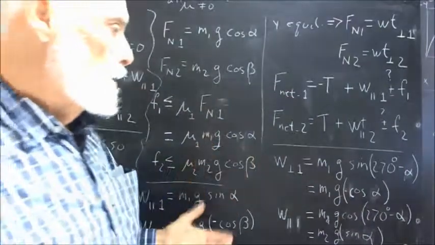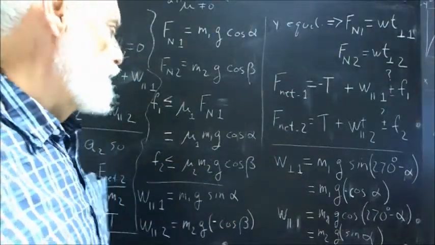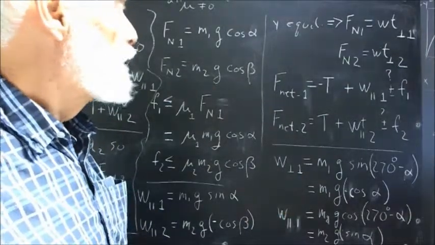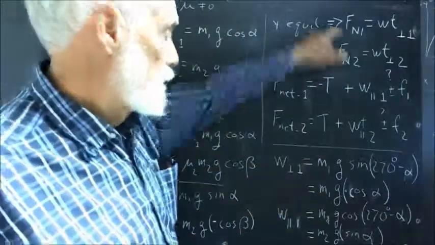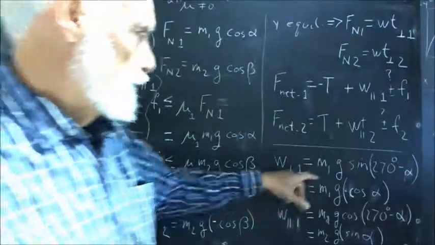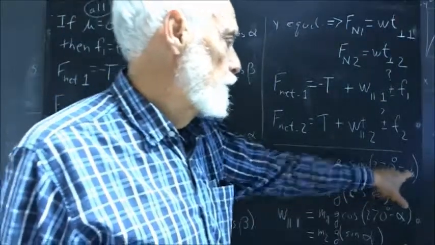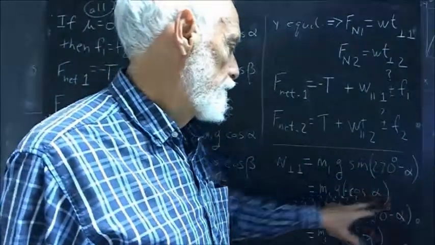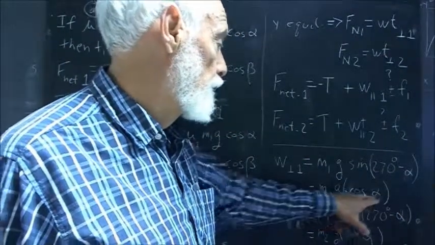Okay. Now, down here, we simply say that the weight perpendicular component, which is what gives rise to the normal force, is m1g sine of 270 degrees minus alpha. And the sine of 270 degrees minus alpha is equal to the negative of the cosine of alpha.